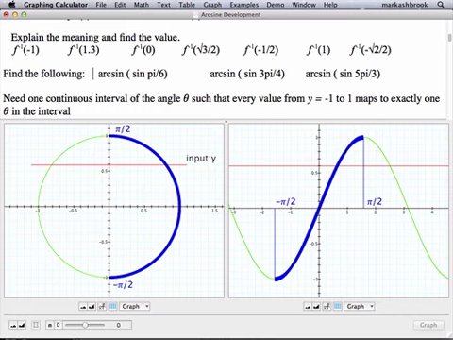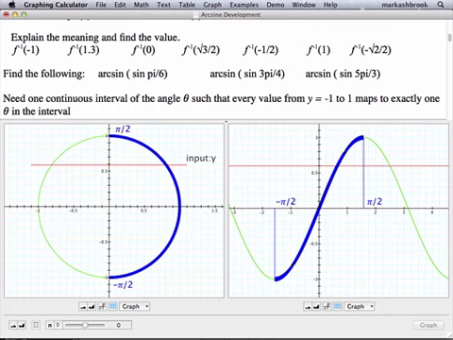So this is looking at the arcsine of the sine of pi over 6, like when we had functions, f of g of x. So where do you start? You start in the parentheses, with the sine. What's sine of pi over 6? 1/2. Then the arcsine of 1/2 is what? Pi over 6.